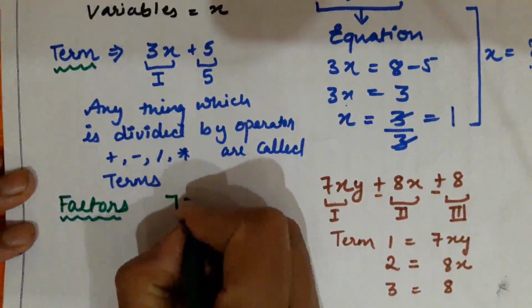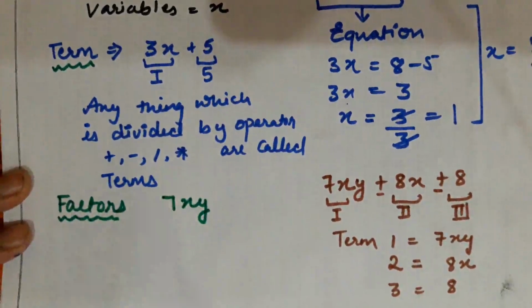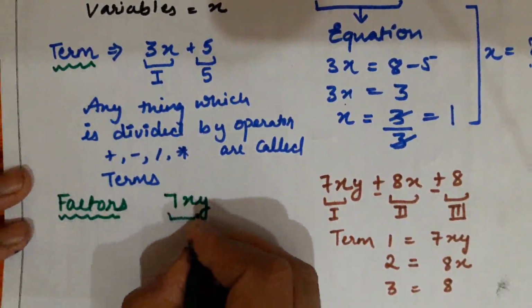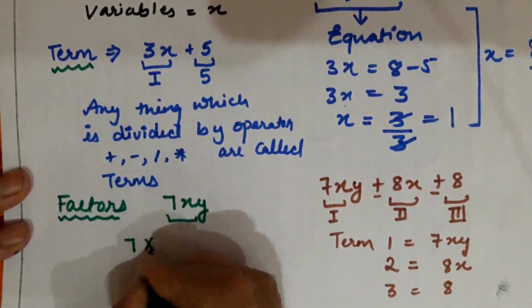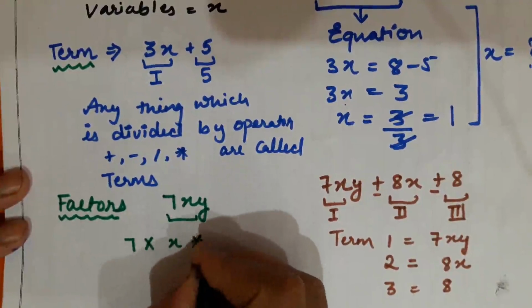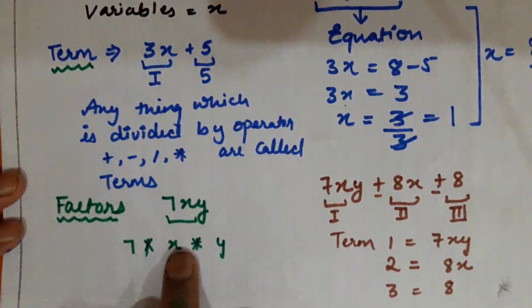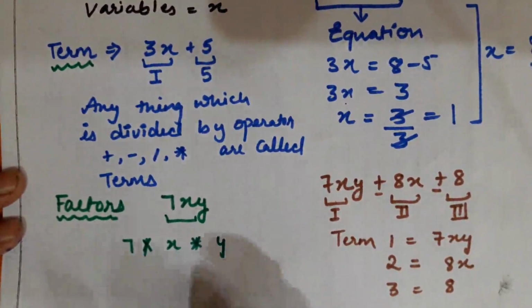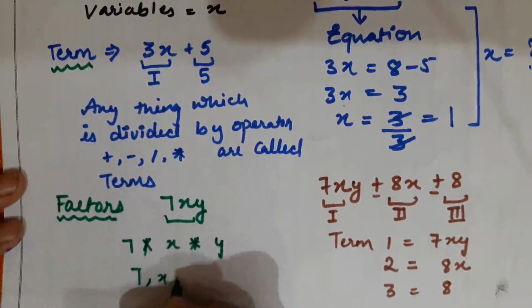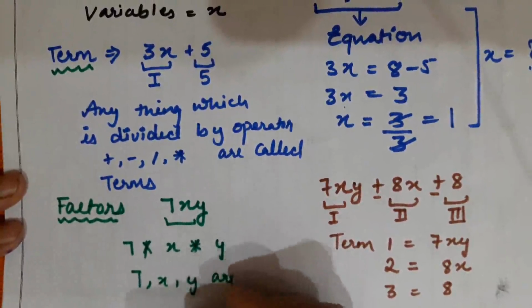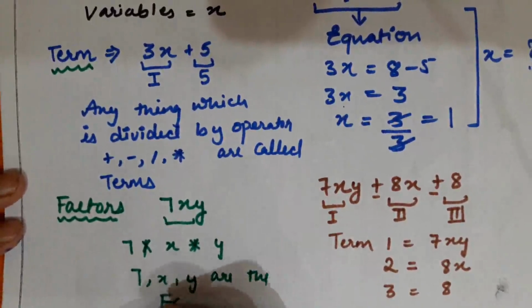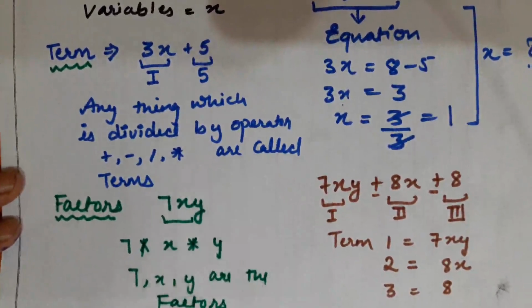See, if you are writing 7xy, the factors of this term are 7, x and y. You can write this xy in this form. It means 7 is multiplied by x and x is multiplied by y. So 7, x and y are the factors here. So this is called factors.